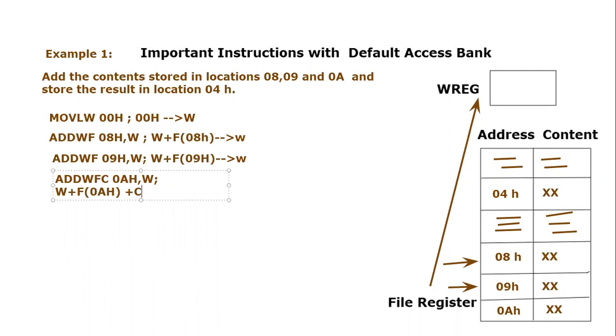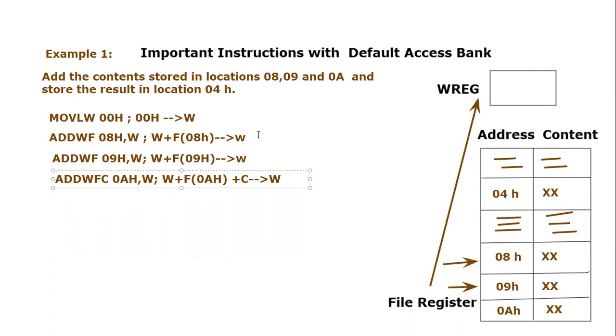If there is no carry, it will not be added, and the result will go again in the working register. I hope you have understood the difference between add working with file and add working with file with carry. In the previous command, we were adding only the content of the working register and the file register, but right now we are adding not only those, but also any carry from the last operation, right?